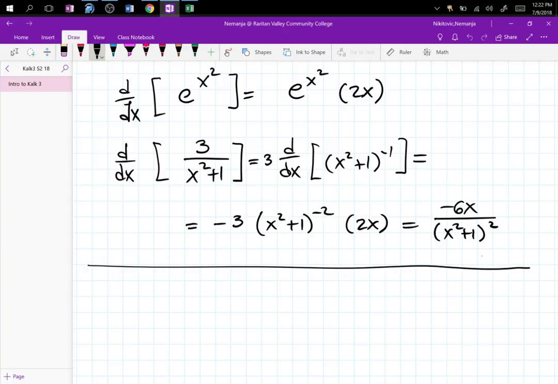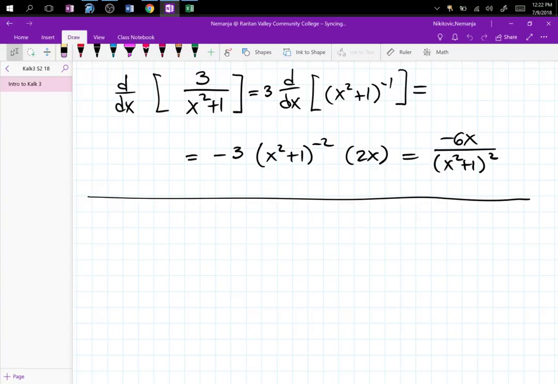Now, it's extremely important to understand the dx business so that you are able eventually to set up integrals and operate in Calculus 3. So we start from the beginning.